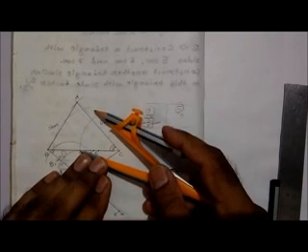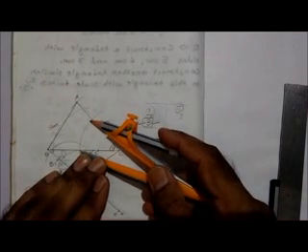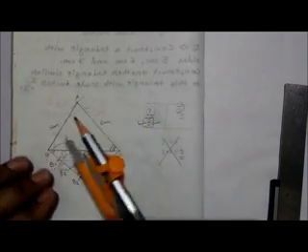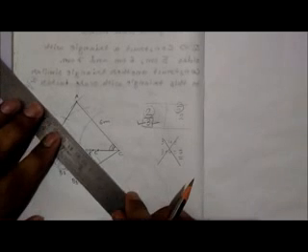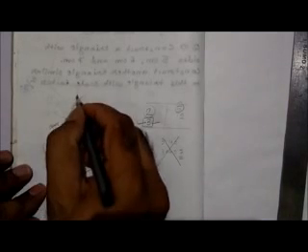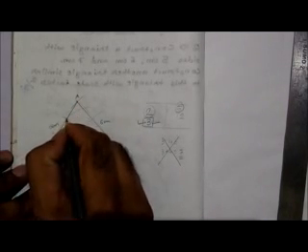Measure the length of the arc and intersect the arc. Join this point with C dash, which intersects AB at this point. So this point will be your A dash.